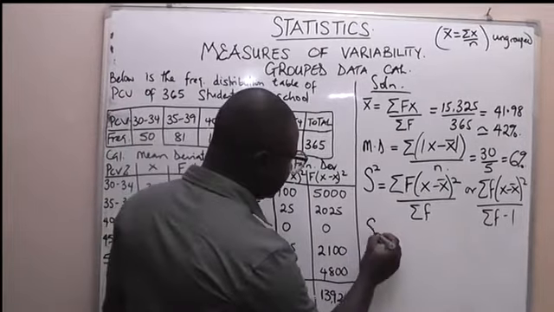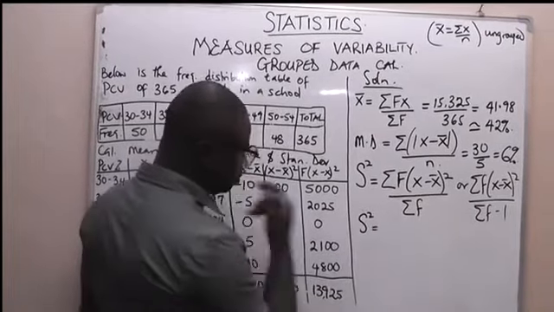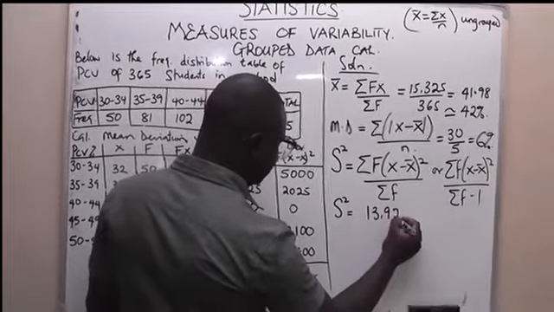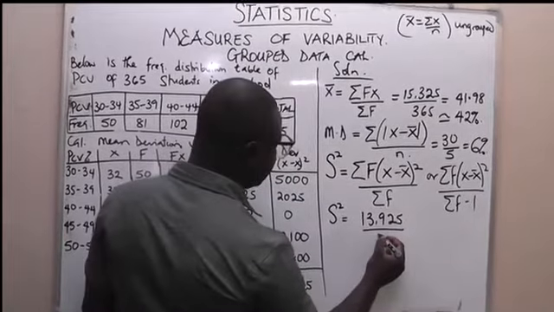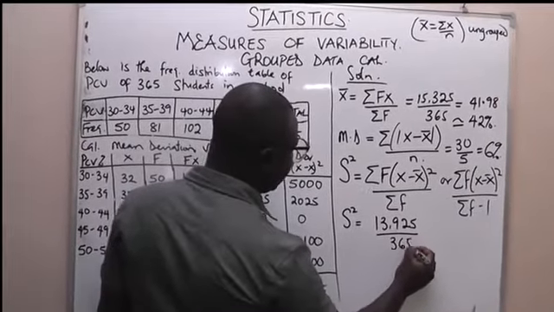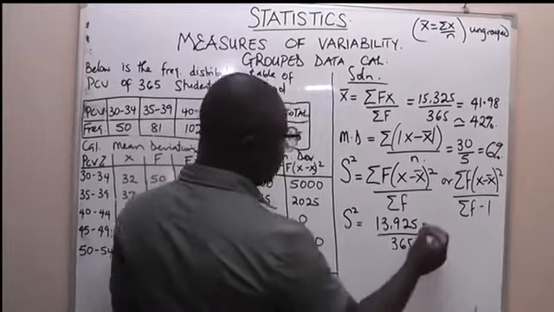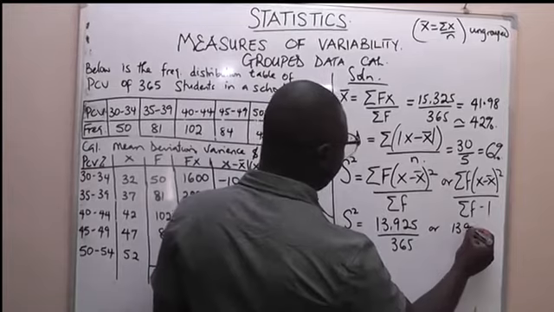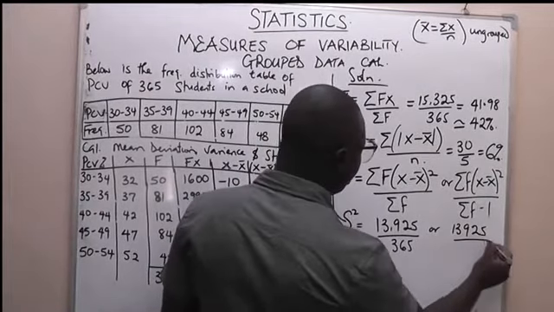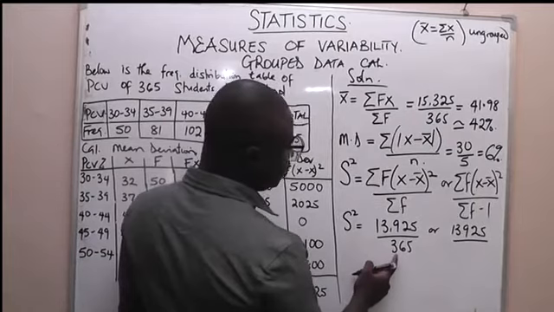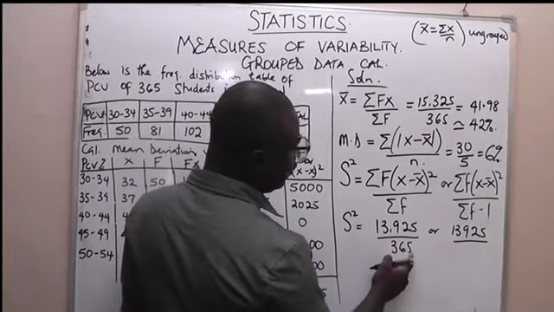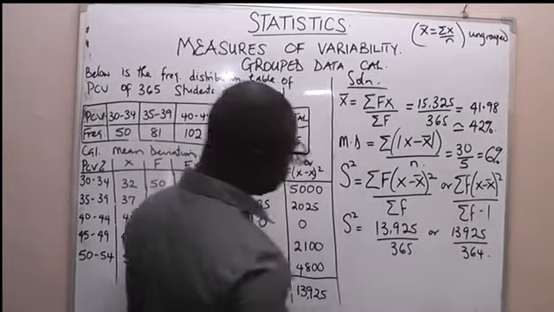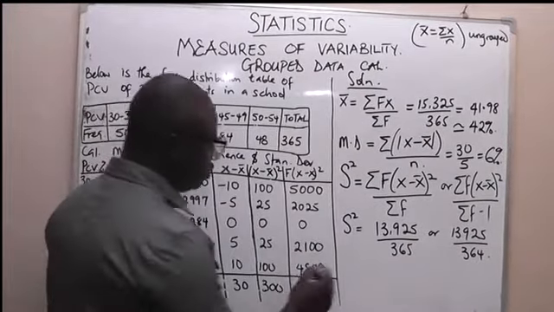We say s squared is equal to 13,925 over 365. That's if you are using this one. But if you are using this one, you have 13,925 over, right? This is 365. If you subtract 1 from this, it will be 364.